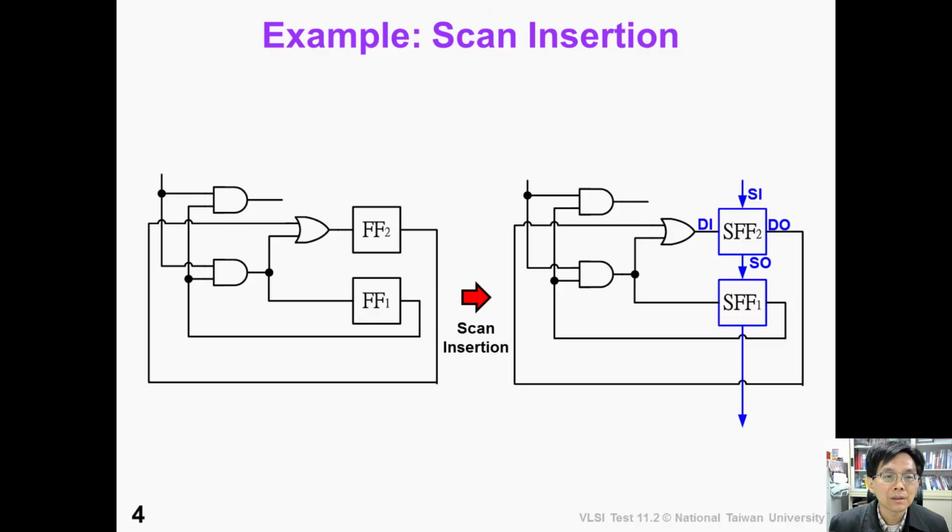Now let's see an example. On the left-hand side, we have an original circuit with non-scan flip-flops. After scan insertion, we replace these two flip-flops with scan flip-flops, and we have a scan chain inserted into this circuit.